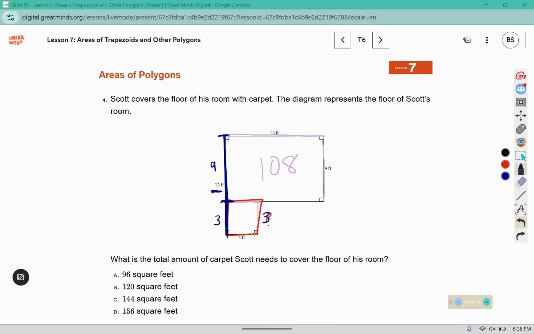So this rectangle has a base of 4 and a height of 3. Base times height, 4 times 3 is 12. So the entire area of the carpet is the 108 plus the 12, which is 120 feet squared.